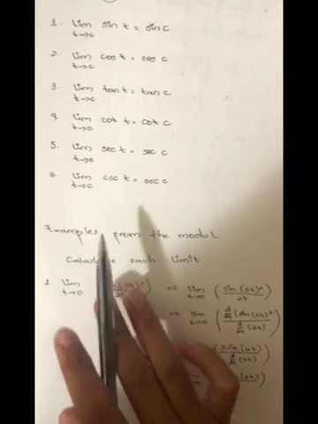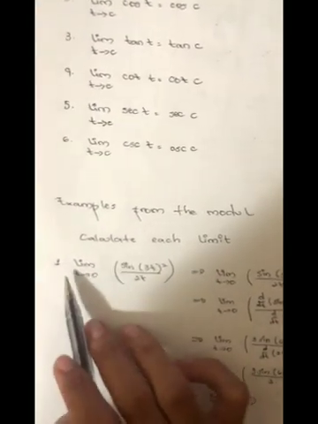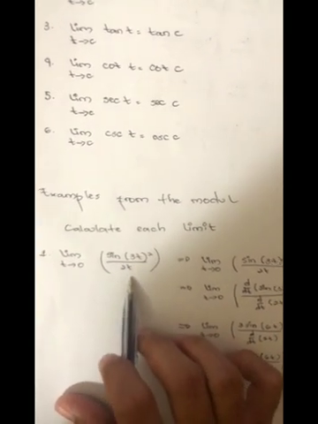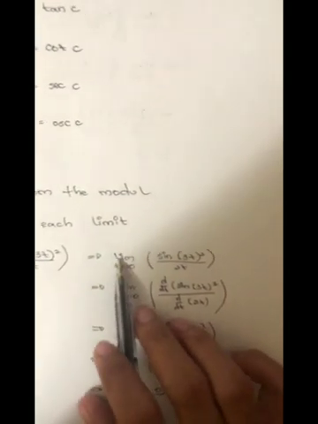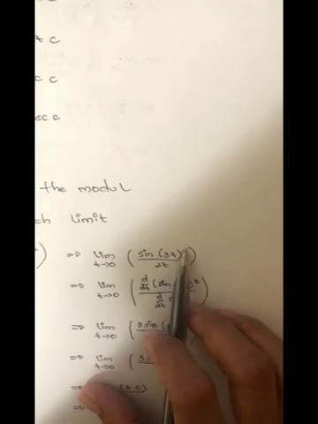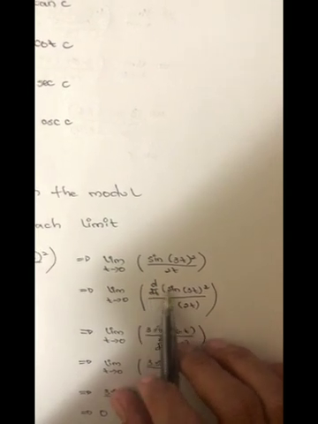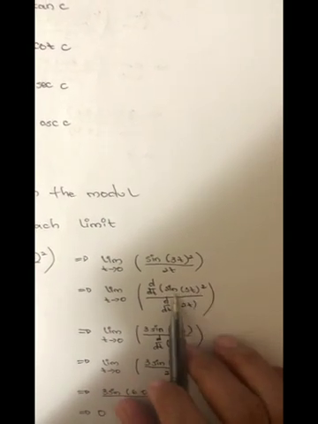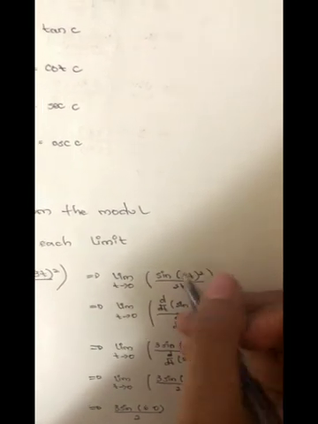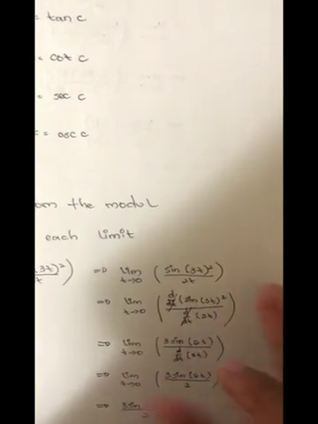Calculate its limit. This example is from the module. Calculate the limit as t approaches 0 of sin 3t squared over 2t. Taking the derivative of numerator and denominator, we can make it like this, based on my understanding.